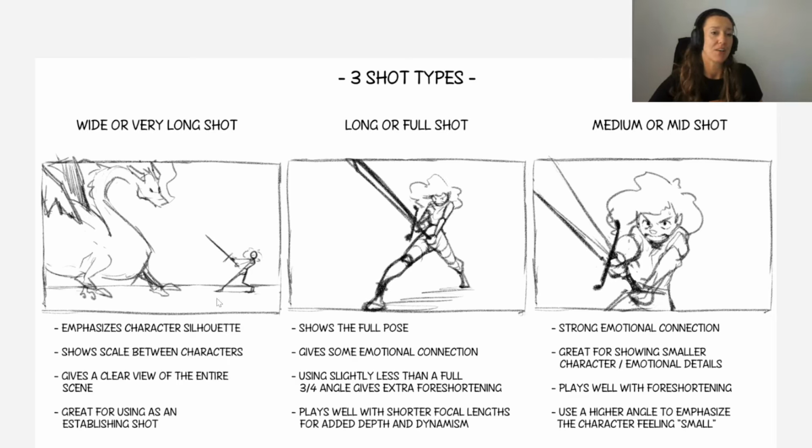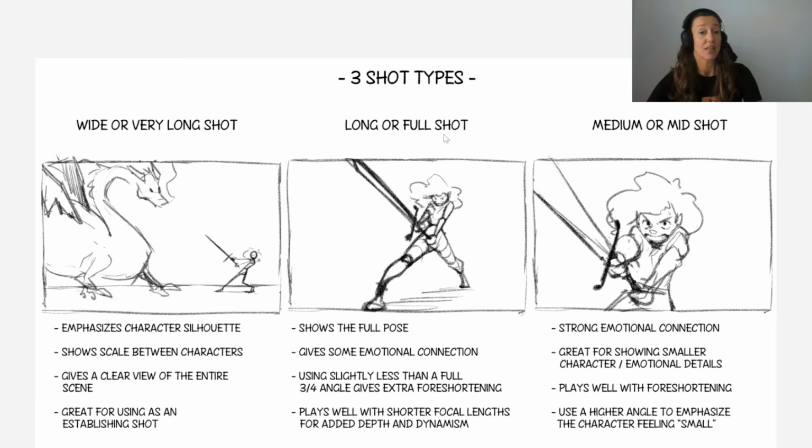We can really feel the power of one personality against the other, and it gives a clear view of the scene in general. If you are cutting in a different environment, a wide shot will help the audience orient themselves on where they are.